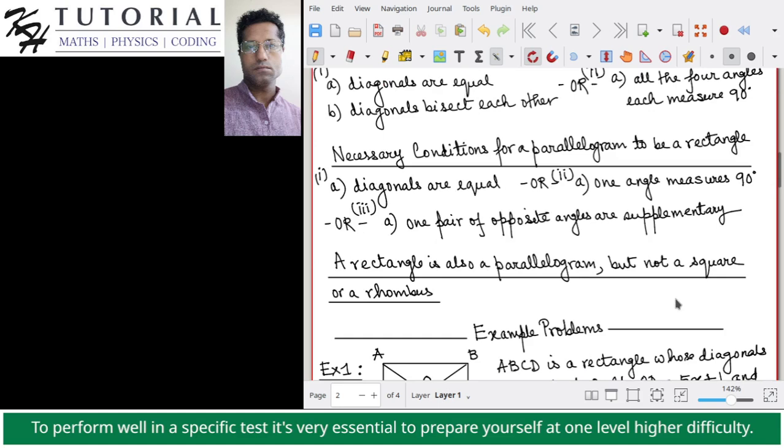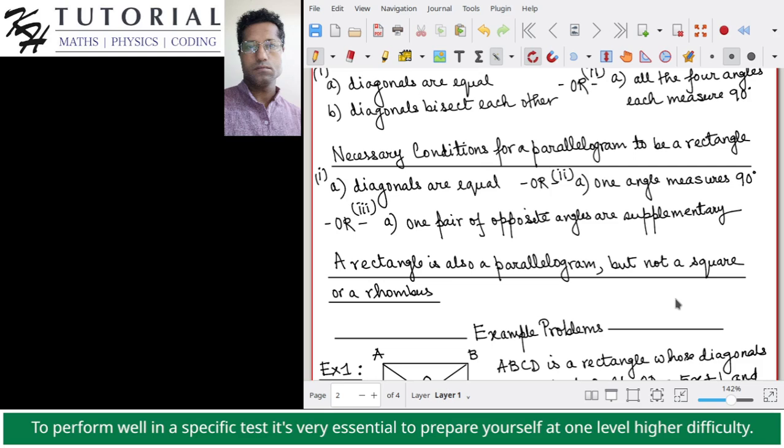Also notice that a rectangle is also a parallelogram but not a square or a rhombus. We have already studied square but not rhombus. In a square we know a square is also a parallelogram where all the angles are 90°. But remember that in a square the diagonals bisect each other at right angles.